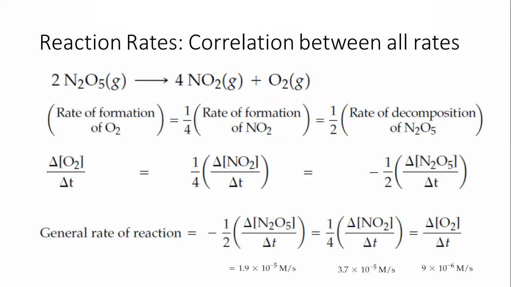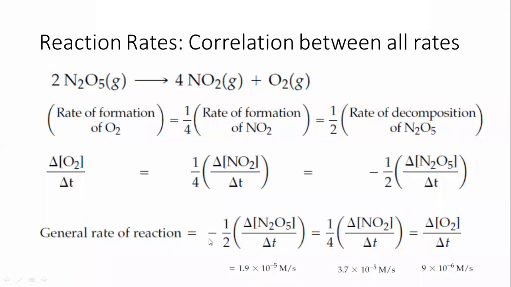You have to multiply again because this is the actual value I'm getting from the data. So in a similar way, you multiply the 2 with this one and the value will be 1.8 exponent minus 5 molar per second. Again, I am not going to mention over here the minus.